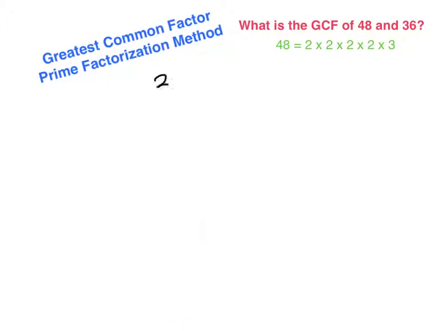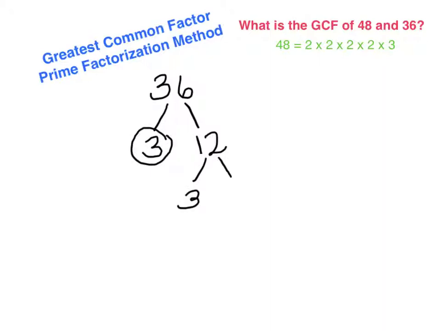Now we'll do our factor tree for 36. 36 is equal to 3 times 12. 3 is prime. 12 is equal to 3 times 4. 3 is prime. 4 is 2 times 2.